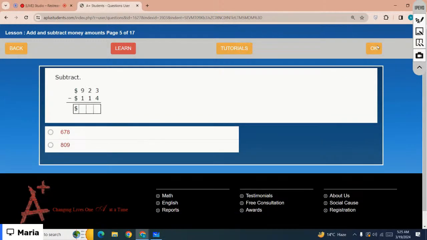Subtract $923 minus $114, which is the correct option?